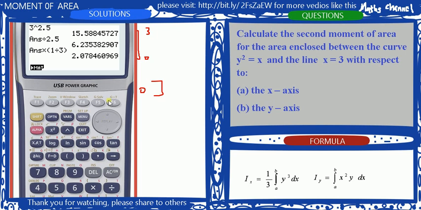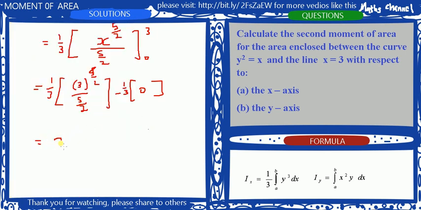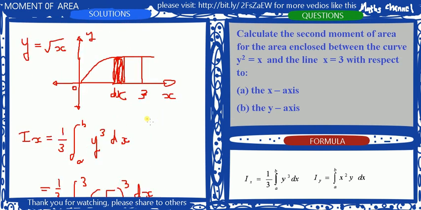So this is the answer: 2.078. This is how we calculate the moment of area about the x-axis.